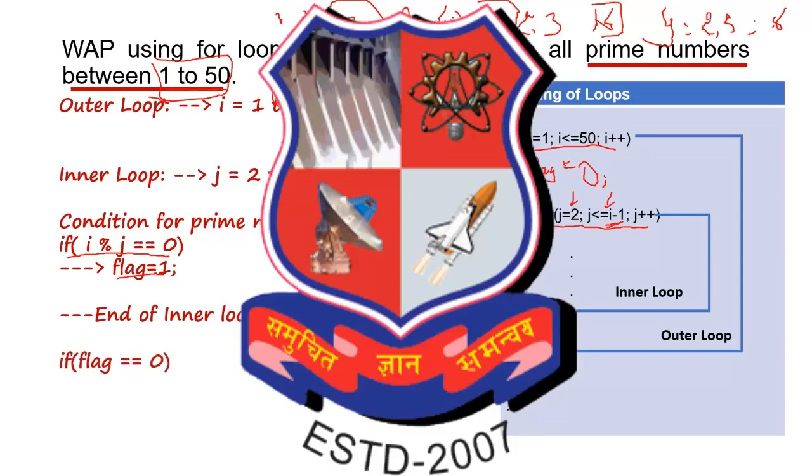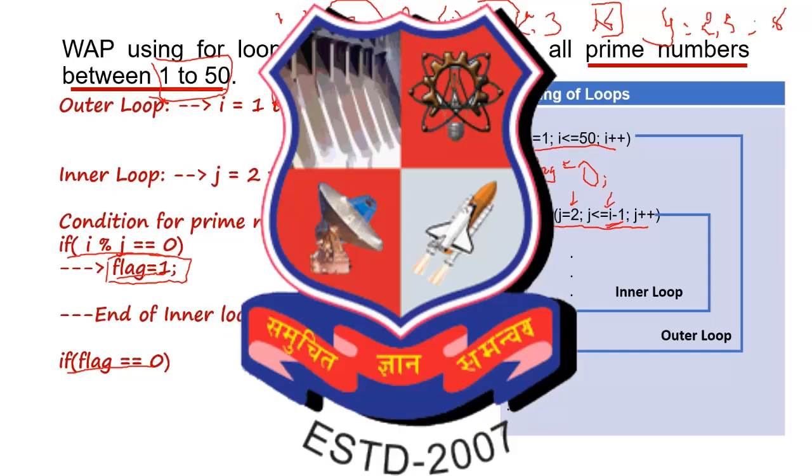Now after the inner loop and inside the outer loop, we have to check if the flag value is 0 or not. The flag value is set to 1 when this condition is true. It means at least a single time the remainder was 0, and in such a case the flag value is set to 1, which means this number is not a prime number.